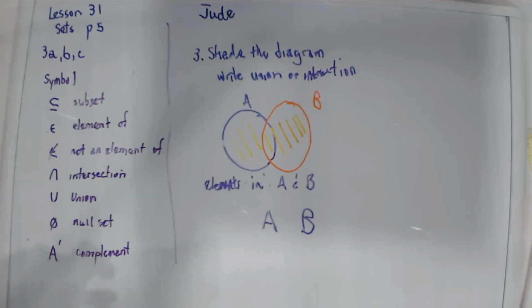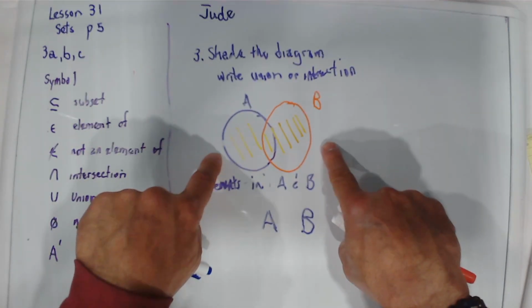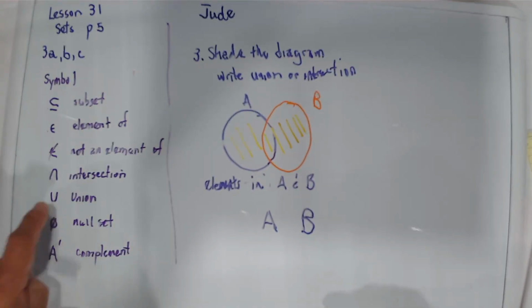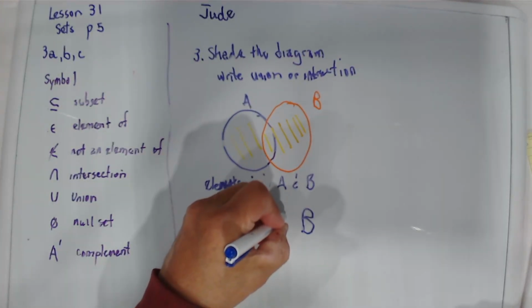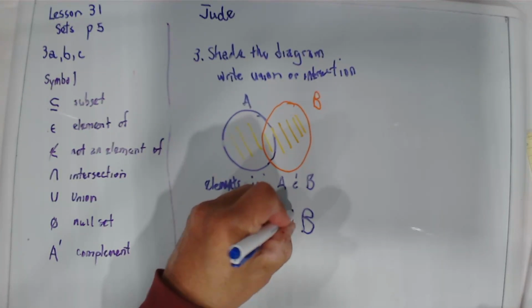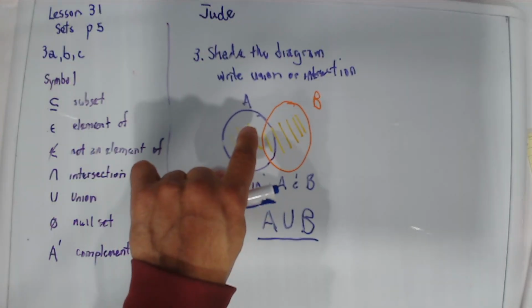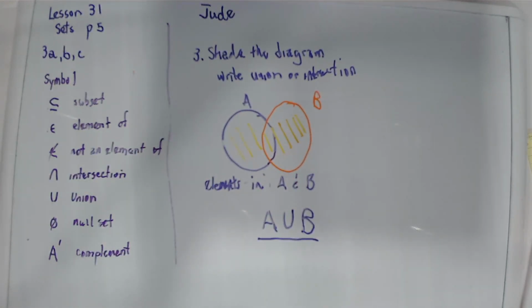That looks like we are combining the two sets, and that's a union. So the way you would write that is A union B, because you're combining the elements, or the things in A, with the things in B.